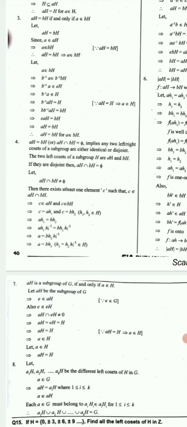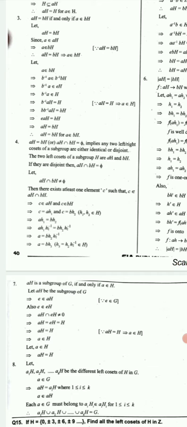That implies aH intersection eH does not equal empty. That implies aH equal to eH equal to H. That implies aH equal to H. That implies a belongs to H. Let a belongs to H, implies aH equal to H.